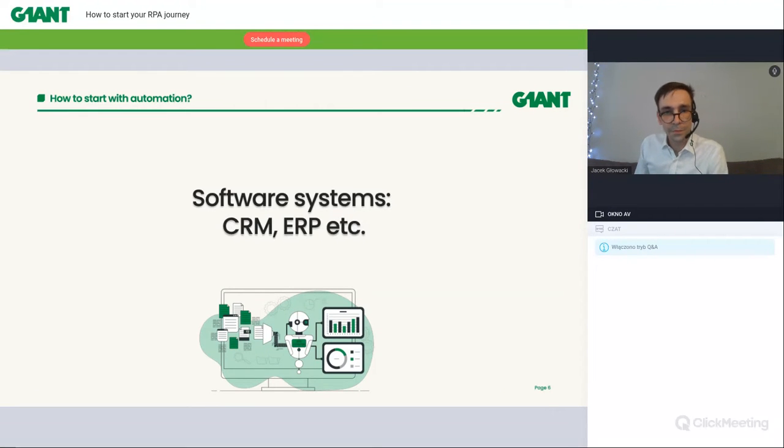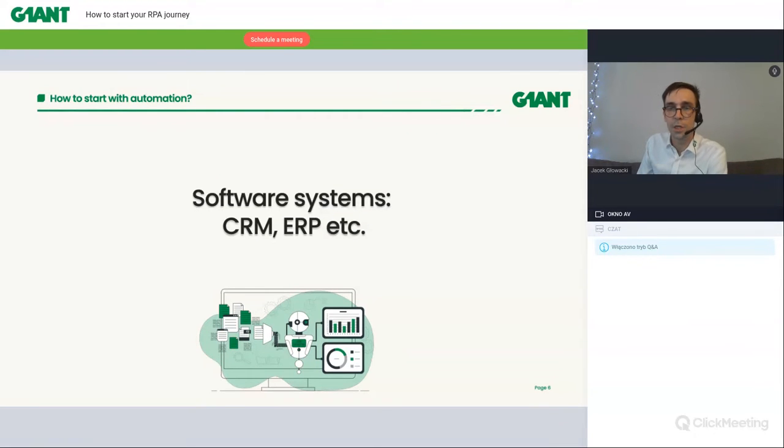So let's move on to the next slide. What kind of software systems can we automate using our solution? We can automate every kind of application, any software system which is based on the Windows environment. If we have an operating system which is Windows, then we can automate almost any application based on it without any problem.